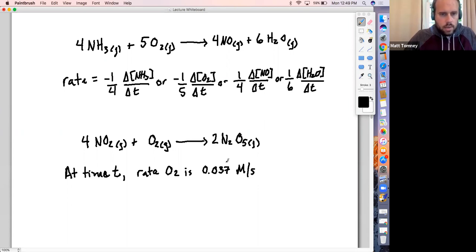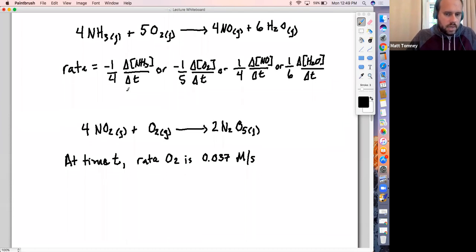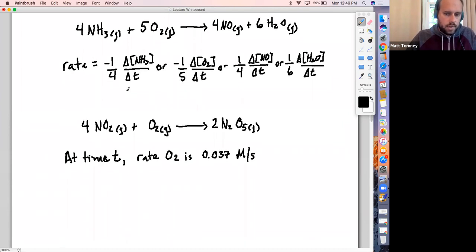So that unit is coming from, if you come back up and you look at the way we're setting all of these rates, it's a change in concentration, that would be molarity, over a change in time. That would be some amount of seconds as our standard unit of time. Okay, so at time t, the rate of oxygen's disappearance is found to be 0.037 molarity per second.